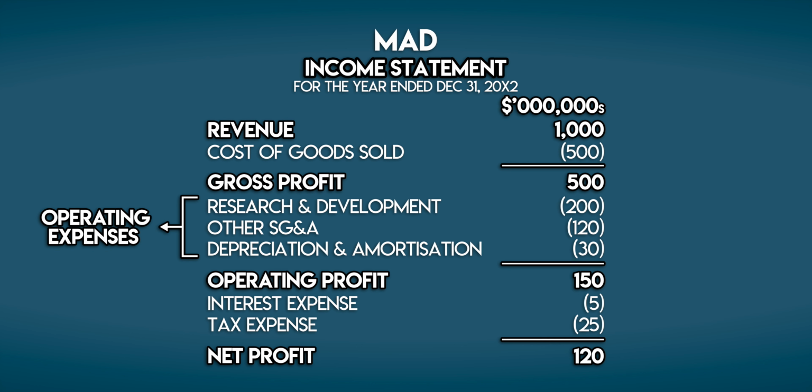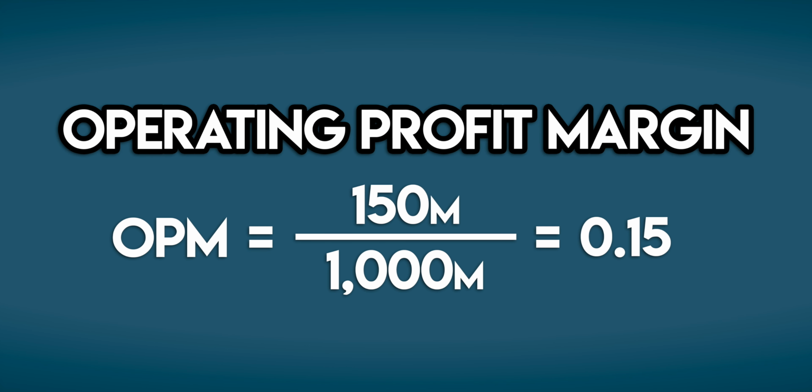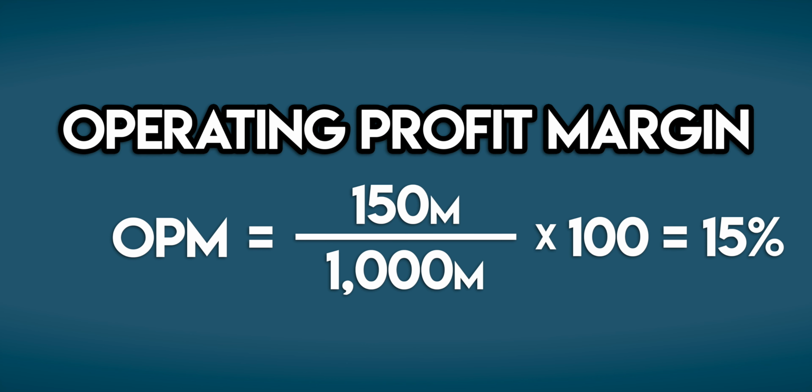Well, we can see that they earned revenue of $1 billion, and after subtracting their cost of sales and operating expenses, they were left with an operating profit of $150 million. So their operating profit margin is $150 million in operating profit divided by $1 billion in revenue. That's 15 cents of operating profit generated for each dollar earned, or 15% when we times it by 100.